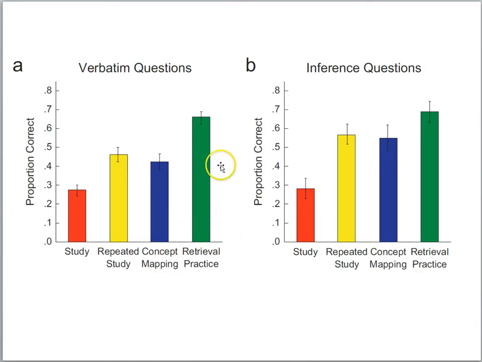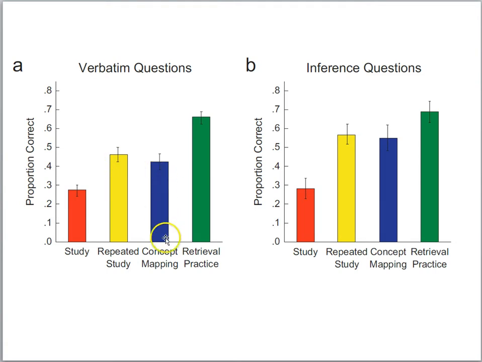Now, the actual results were as follows. There were verbatim questions, so these were questions where the information was directly stated in the original text, and then inference questions. These questions required students to make inferences from the material that they studied. Let's just take the verbatim questions. In the study condition, we see the proportion correct here. Repeated study shows an advantage similar to concept mapping.